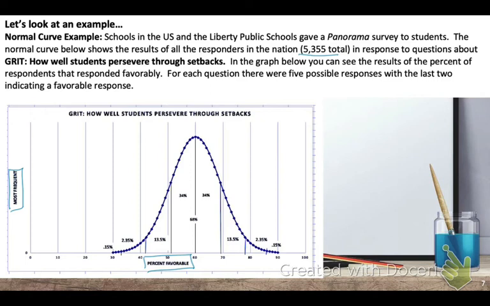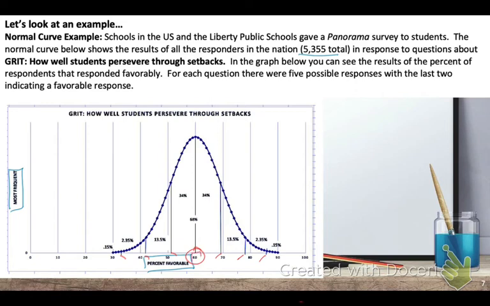So right away, that middle mark, it's kind of hard to read down below, but it shows that most of the respondents, meaning about 60%, respond favorably. And then you can see our 3 standard deviation steps in the positive and in the negative direction.